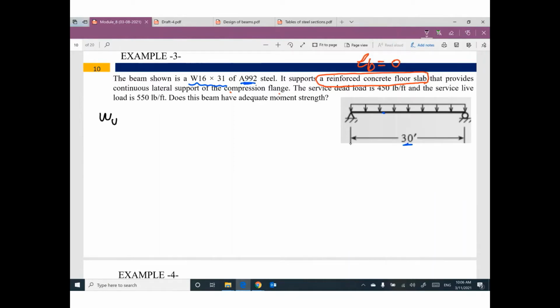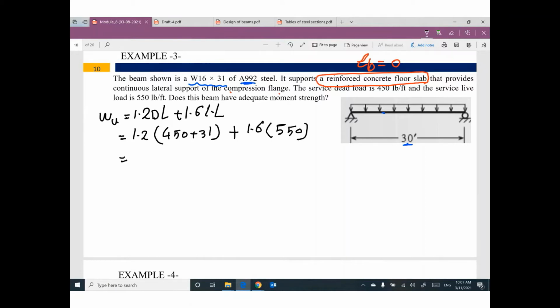W ultimate equals 1.2 dead load plus 1.6 live load. 1.2 times, what is the value of dead load? 450 plus 31, plus 1.6 times the value of live load, 550. What is the value? So anybody can tell me what is the meaning of the 31 that I got? 31, what does it mean?